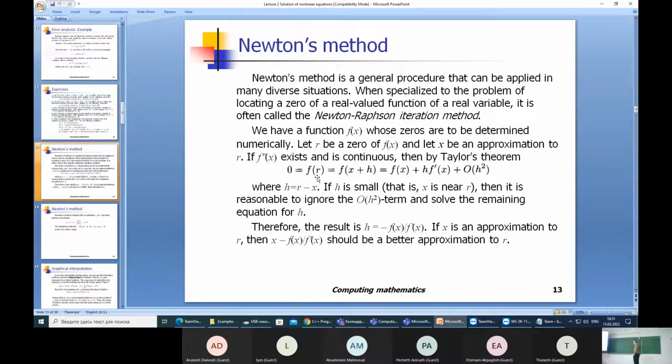Well, suppose that h is, for example, equal to 0.01. What can you say about these terms? What can you say about h squared? If h is 0.01, what is the value of h squared?